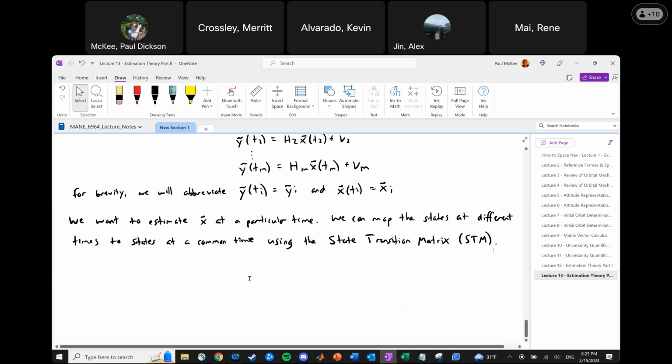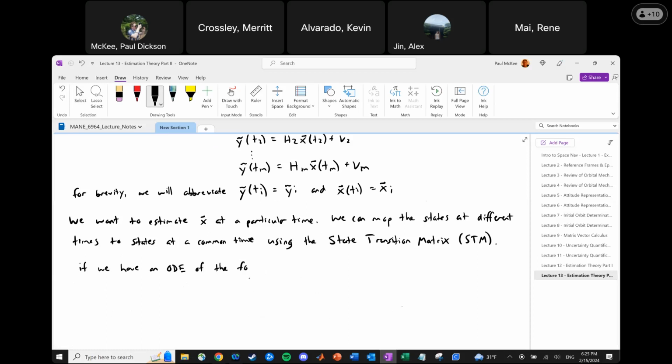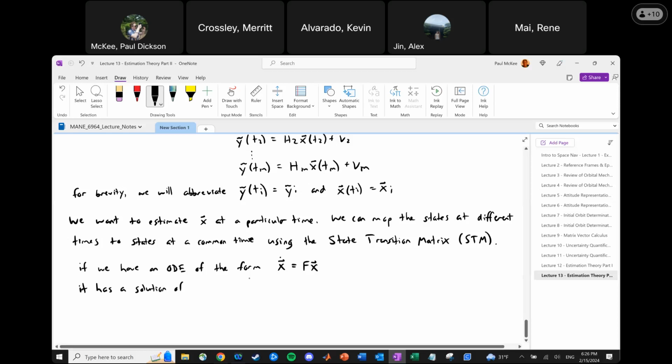If we have an ordinary differential equation, an ODE of the form x dot is equal to f(x), then we know it has a solution of the form x of t is equal to phi of t comma t naught, times x of t naught.